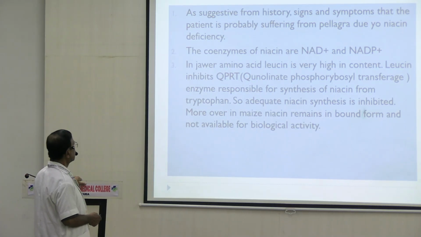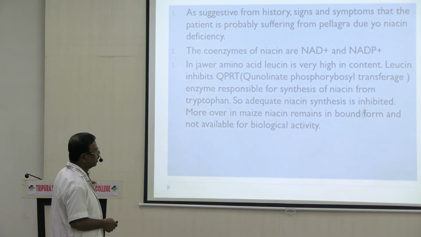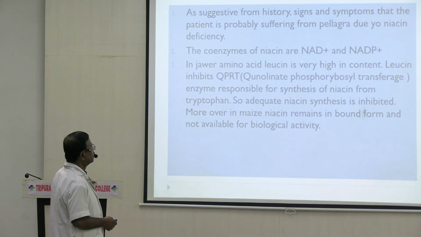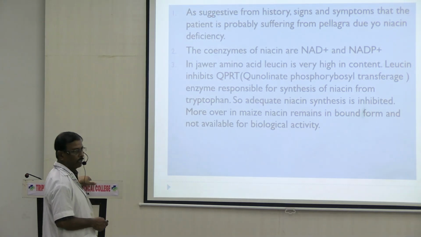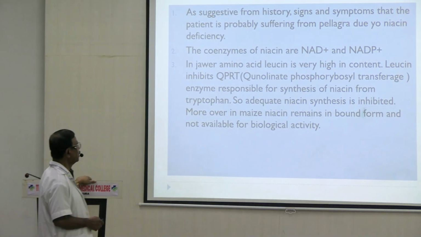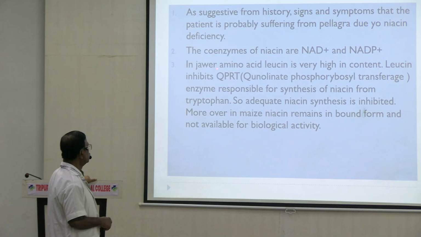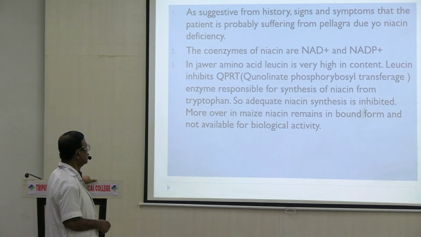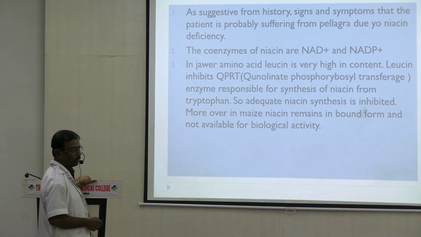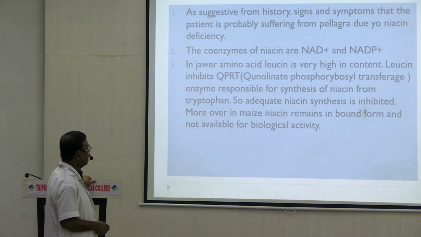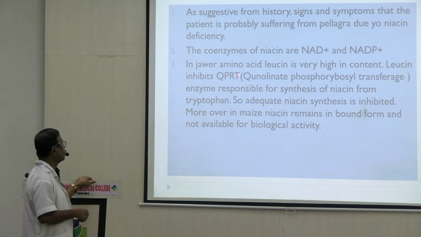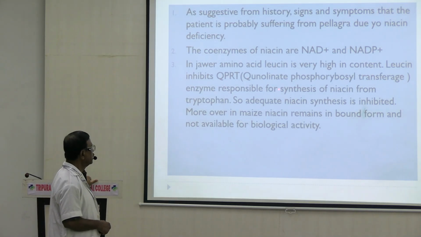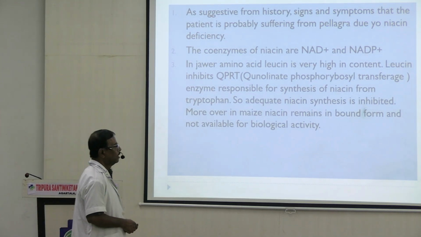Then the patient is probably suffering from pellagra due to niacin deficiency. The coenzymes of niacin are NAD plus and NADP plus. In jowar, the amino acid leucine is very high in content, and this leucine has an inhibitory action on QPRT, quinolinate phosphoribosyl transferase.